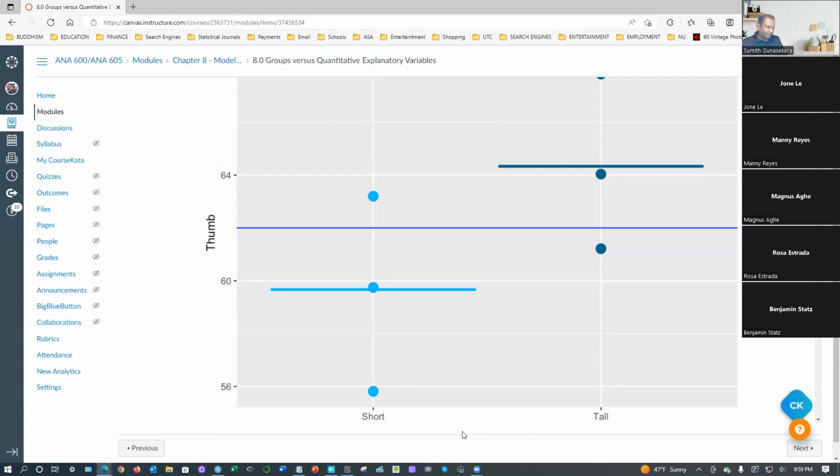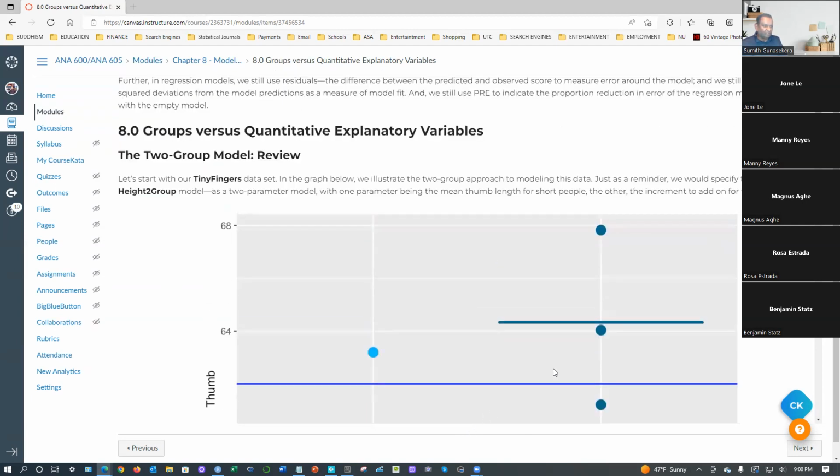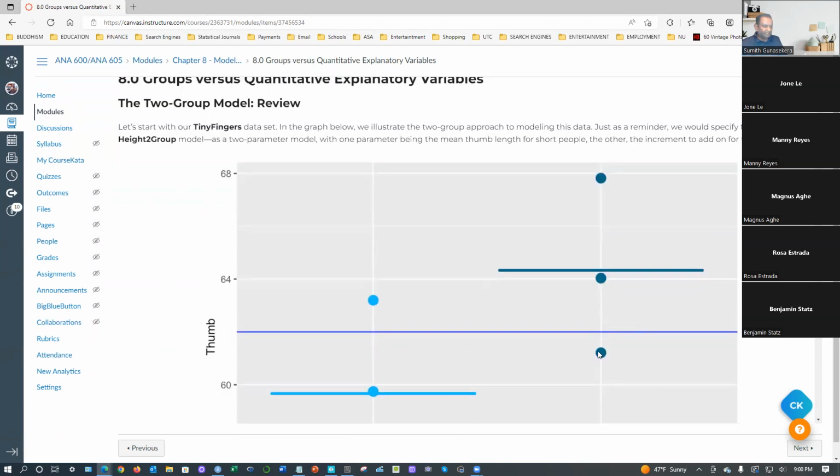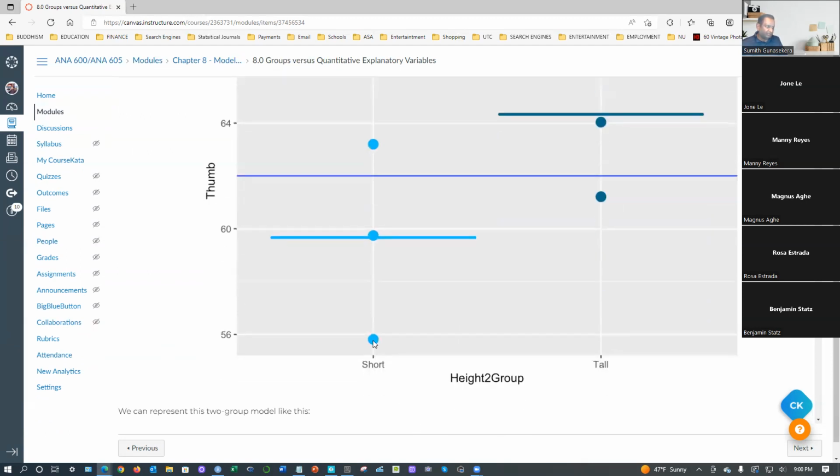But the same data set, we have 56, 60, 61, 63, 64, 68.